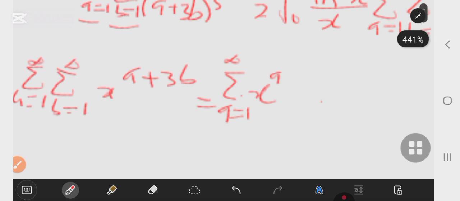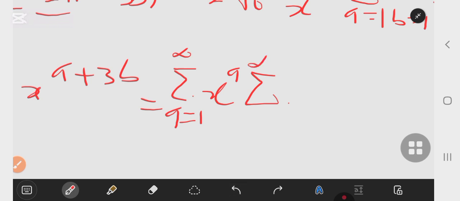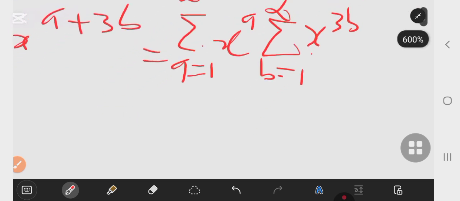Then for the second sum, this is the sum to infinity of b from 1 of x to the power of 3b. Now something else is going to happen.